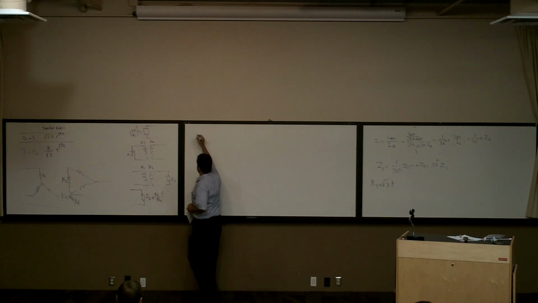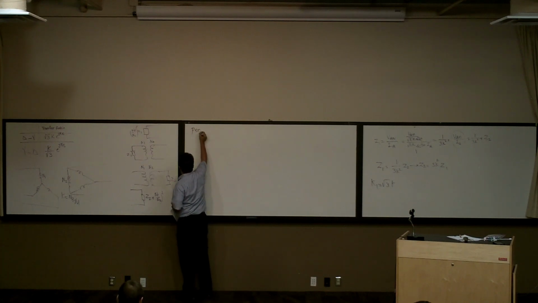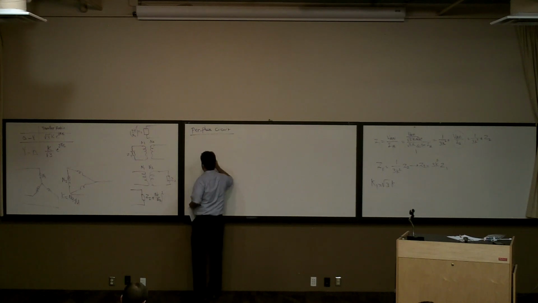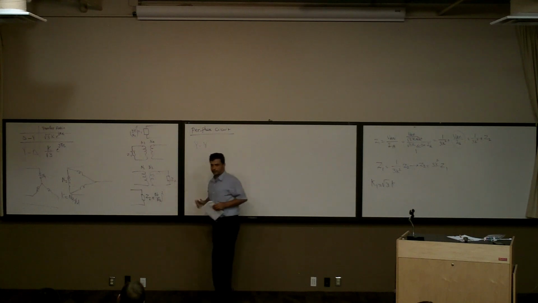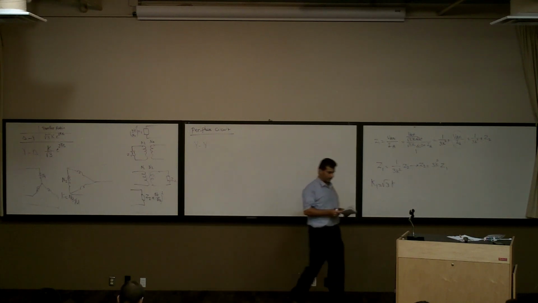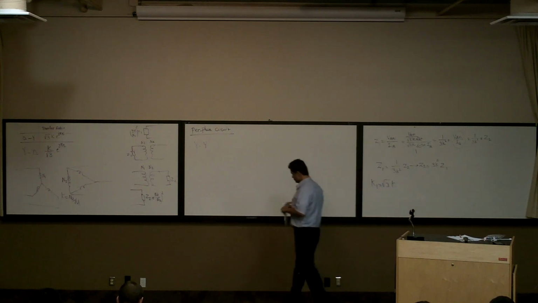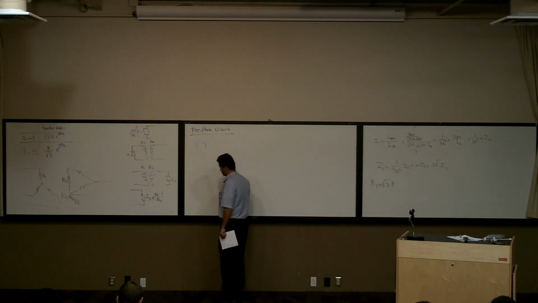So per phase diagram. We start with the Y1 connection. So we're going to see how we are going to write the per phase diagram for it. So basically we have this.